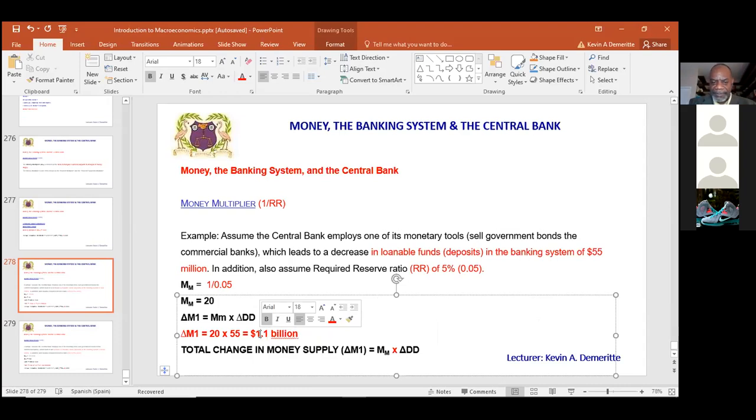Right. So that's the idea. It's not terribly complicated, right? You would have done multipliers in your last homework, right? And all we're saying is that we're applying the multiplier to the banking system.